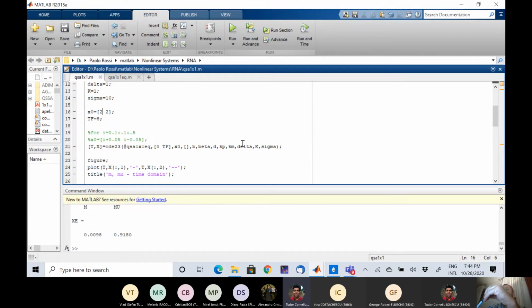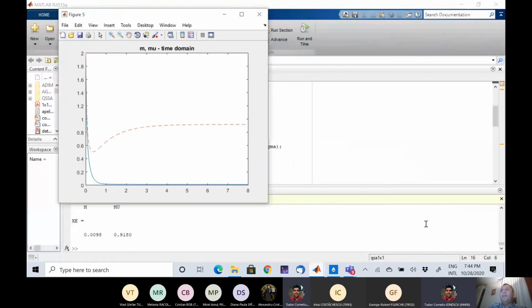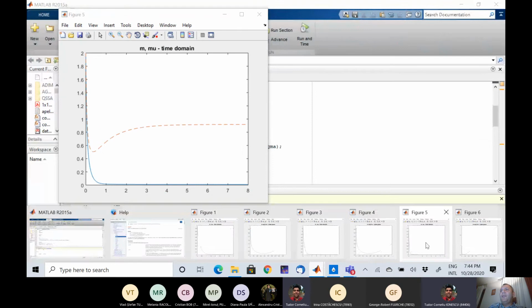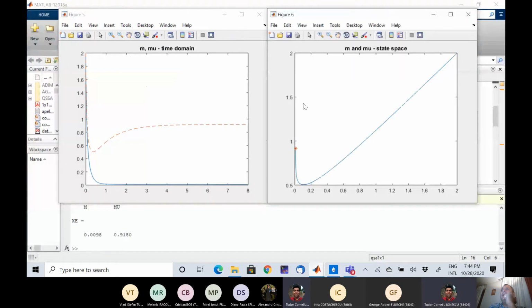part of the story. The second part of the story is, I have noticed that we only have an equilibrium, because I have tried several initial conditions, and wherever I start with a positive initial condition, I end up here.